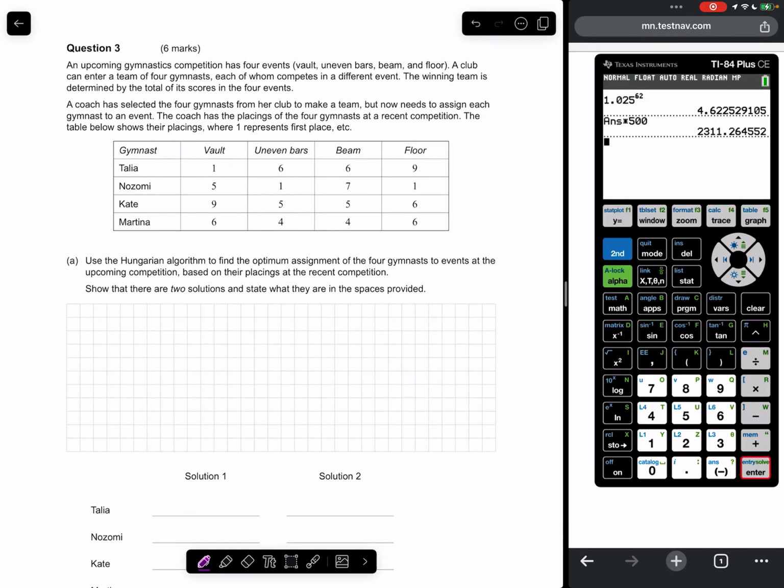Question 3. An upcoming gymnastics competition has 4 events. A club can enter a team of 4, each competing in a different event. The winning team is determined by the total of its scores in the 4 events.